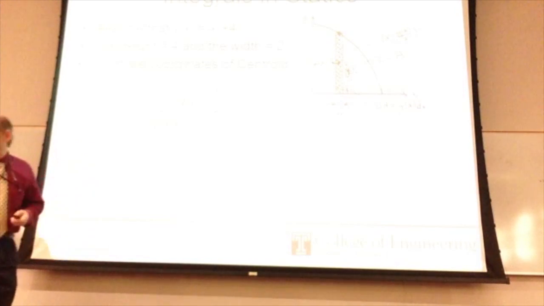The definition of dA is y of x dx. And since we're taking the integral with respect to x, we're going to go from 0 to 2. I'll talk in a minute about the possibility of putting horizontal rectangles in instead of vertical.